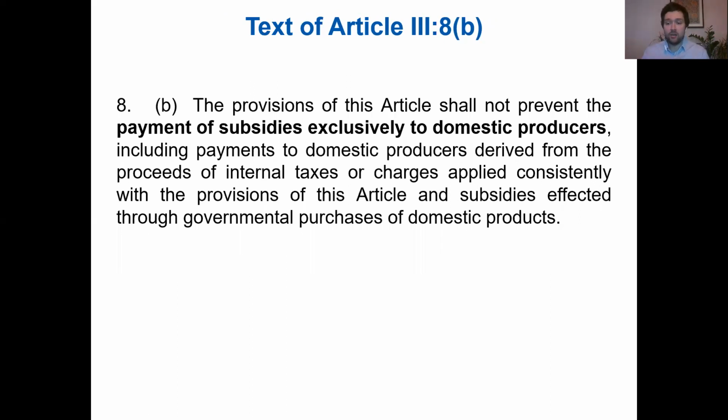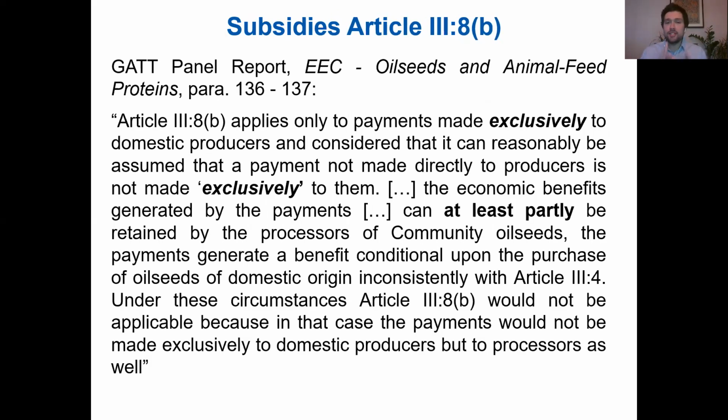It has a meaning. And therefore, the GATT panel report in oilseeds proteins says Article 3.8b applies only to payments made exclusively to domestic producers, and the panel considered that it can reasonably be assumed that the payment not made directly to producers is not made exclusively to them.